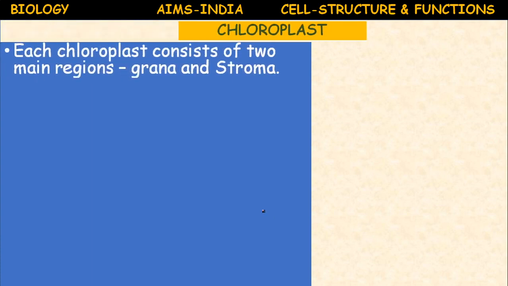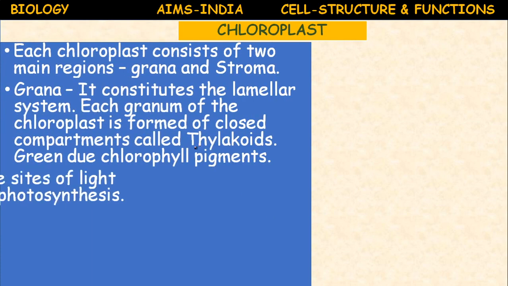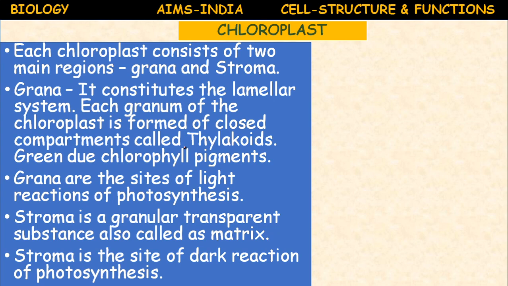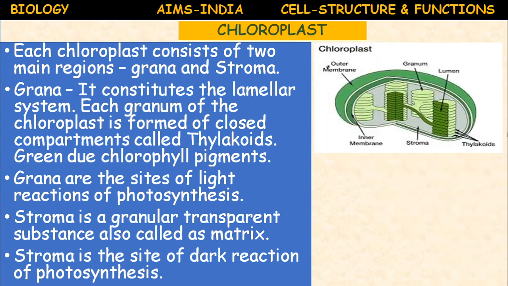So let us see further. Each chloroplast consists of two main regions: grana and stroma. The grana consist of the lamellar system.